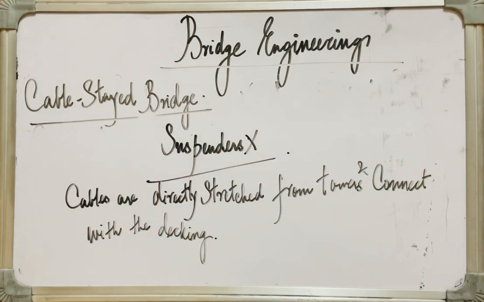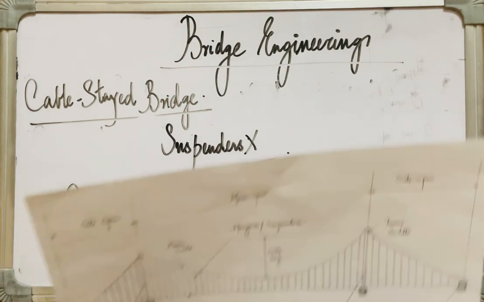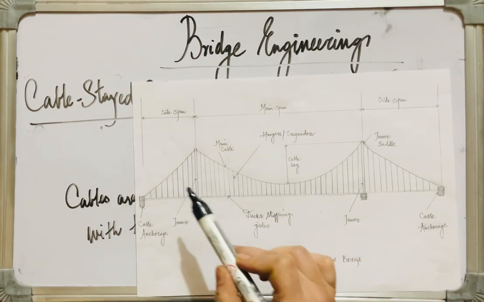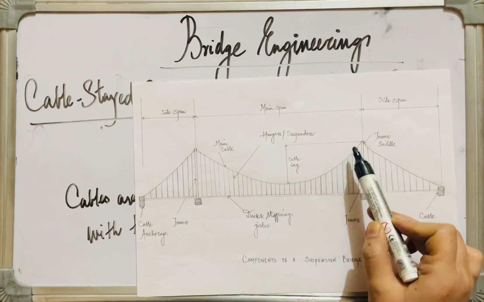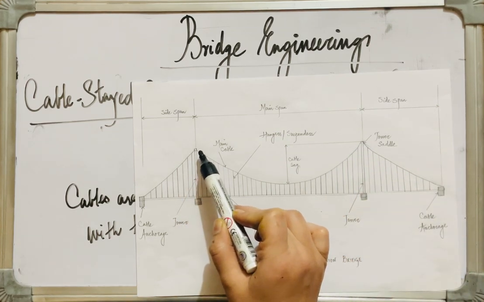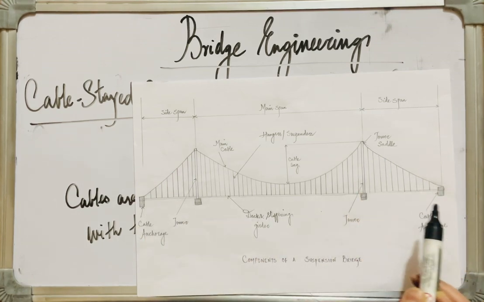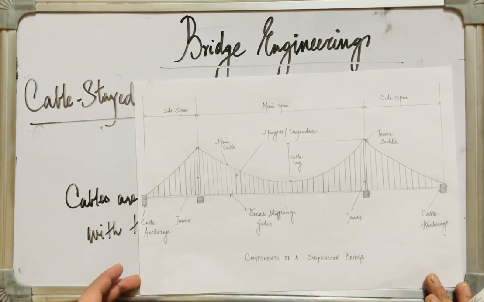That means we have one more advantage, that there are no special external anchorages required. I'll show you the diagram of a suspension bridge, wherein we have hangers or suspenders, and then we have main cables, suspension cables, and then we need anchorages for these suspension cables on either side, which are massive concrete blocks as already discussed.